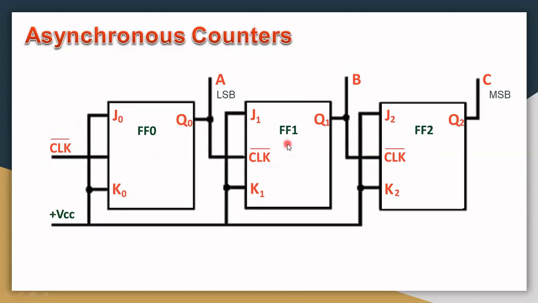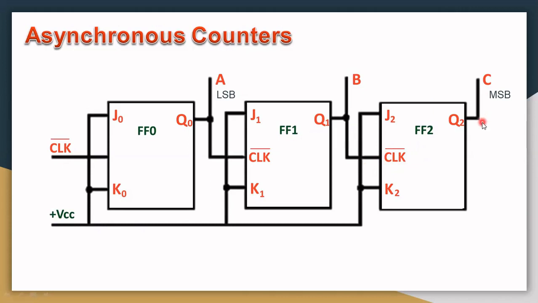Now, for the second and third flip-flops, we are connecting the output of the corresponding previous flip-flop as the clock pulse. So, for the second flip-flop FF1, we are using the output of FF0. And for the third flip-flop FF2, we are using the output of FF1 as the clock signal. Remember, in all cases, we are using the negative edge.